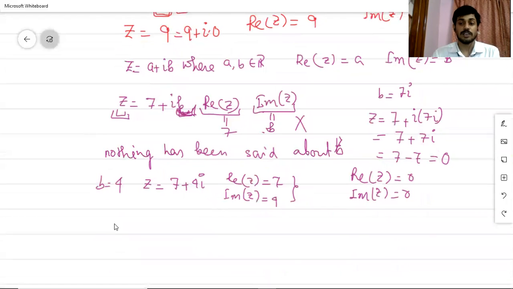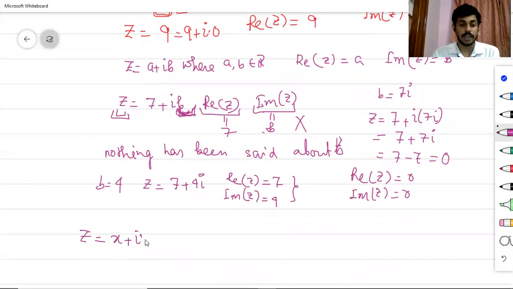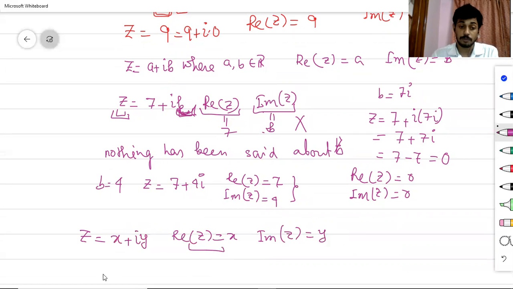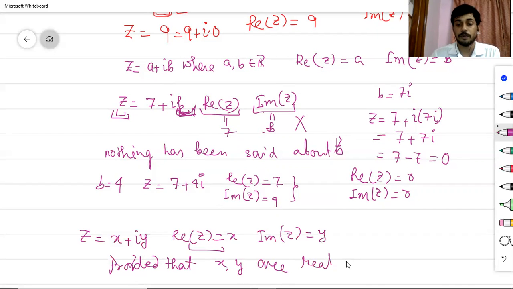So the concept here is, in general, z equals x plus iota y, the real part of z equals x and the imaginary part of z equals y, provided that x and y are real numbers. That is very important. If nothing is said about x and y, then we cannot say that the real part of z equals x and the imaginary part of z equals y.